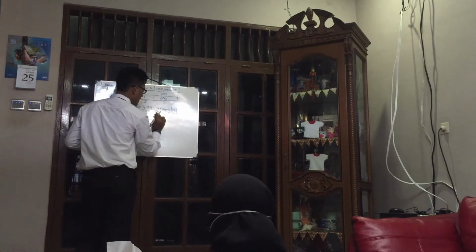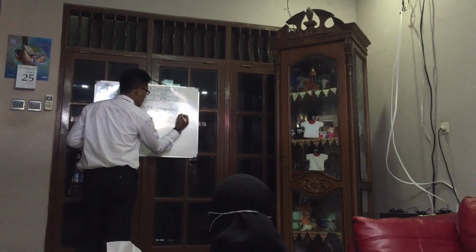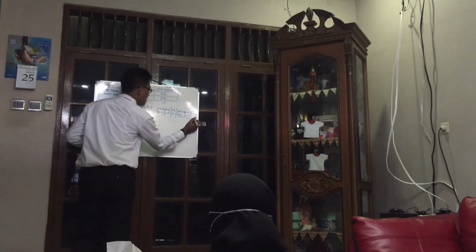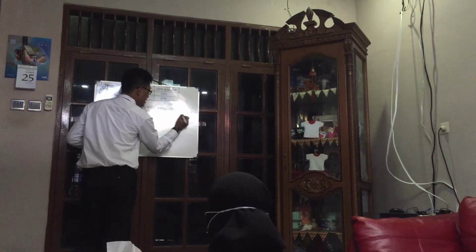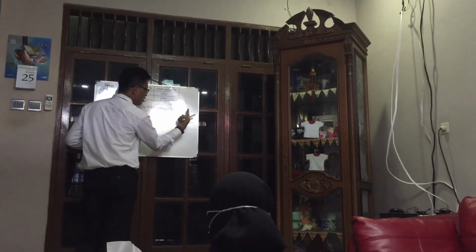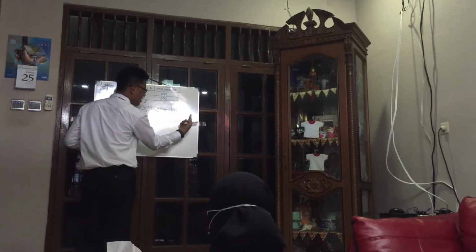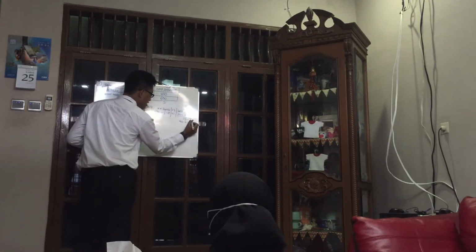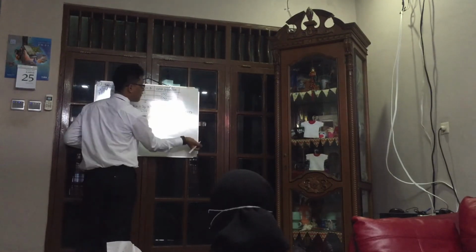Good, the second is the same because it is multiplied by 1: 3x plus y equals 5. Minus or plus? Minus, because 3x minus 3x is 0. 6y minus y, 5y equals 12 minus 5, 7. So we get that y is equal to 7 over 5.